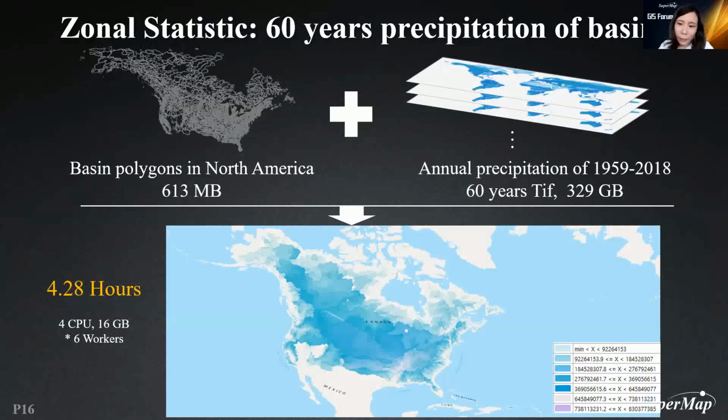There are more than 300 gigabytes. And we could use the distributed algorithms to calculate all of this data at one time. So we only spend about 4 hours to finish this calculation.